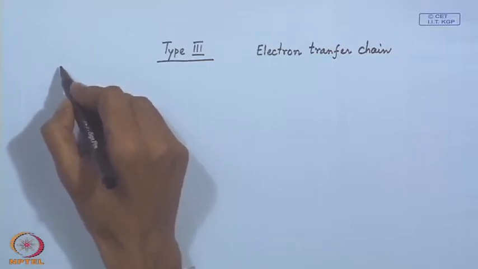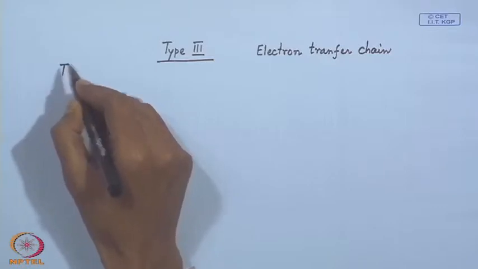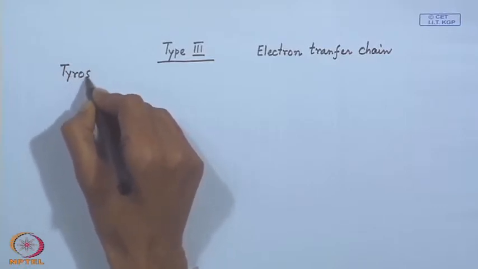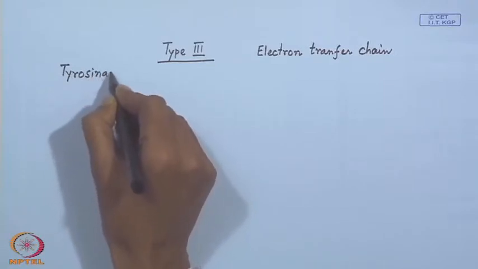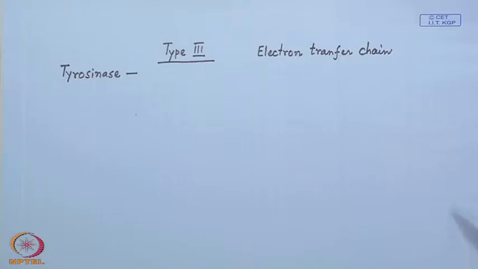But when we talk about the enzymatic activity, like that of tyrosinase activity, that means we want to oxidize the tyrosine function.